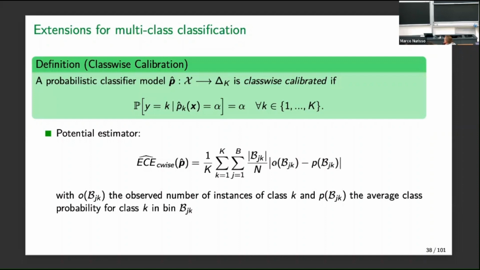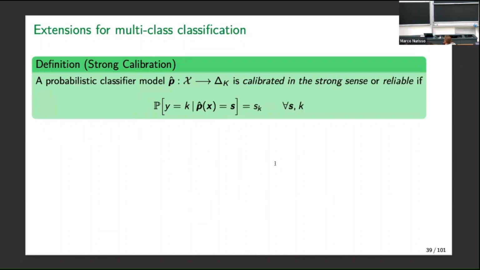So that's what changes. And then we have a third definition of calibration, and this is called calibration in the strong sense, which is even stronger than this previous definition. What's different here is that we're now going to condition on a complete probability vector.